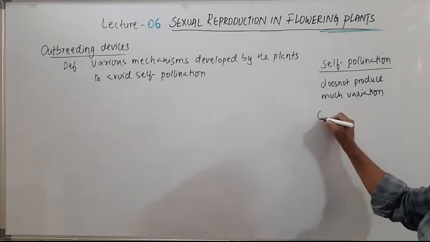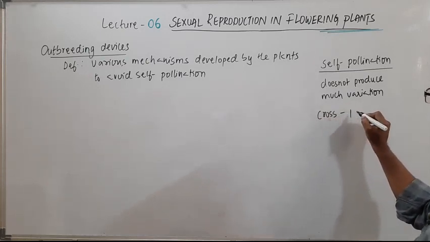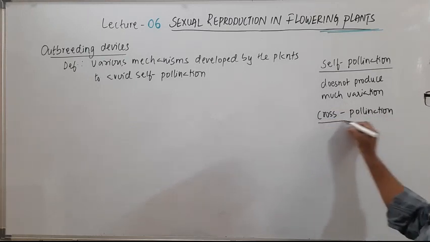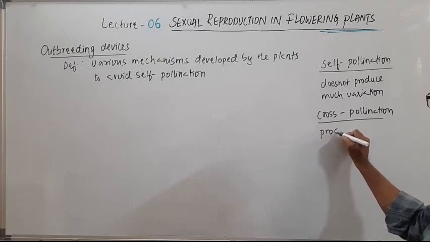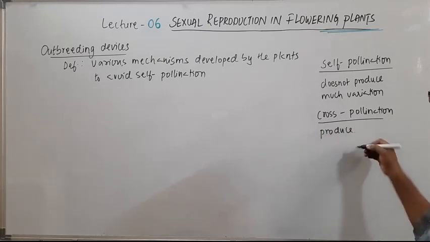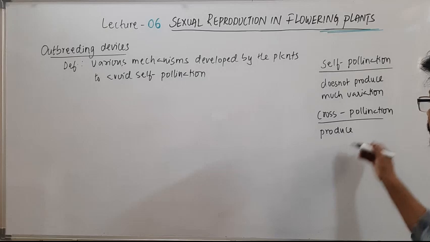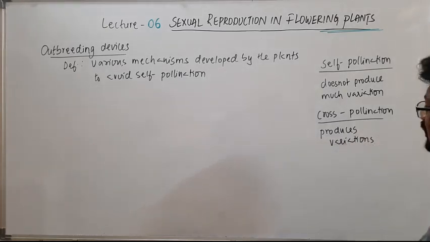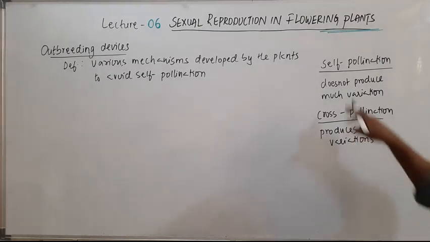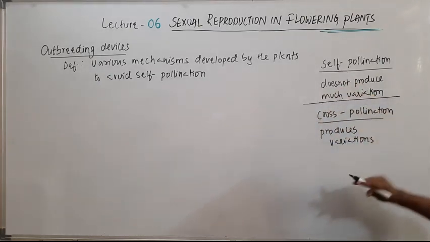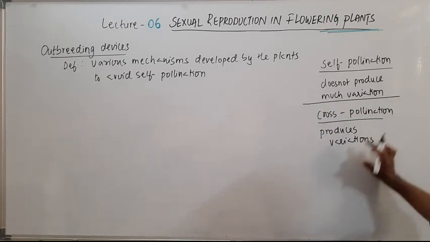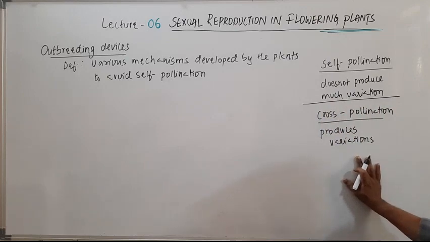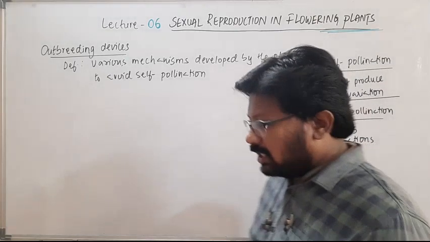And for this reason, most of the plants would like to go for cross-pollination. In cross-pollination, it results in the production of variation, which is very important for the survival of the offspring. So self-pollination will not produce much variation, whereas cross-pollination produces variation. That is the reason why most of the plants like to go for cross-pollination.